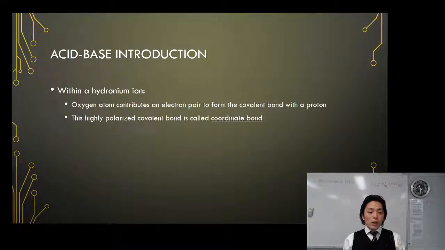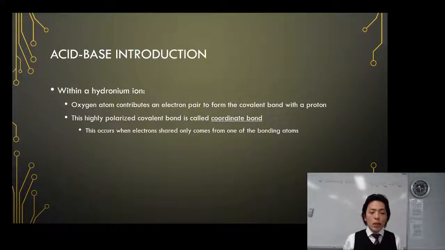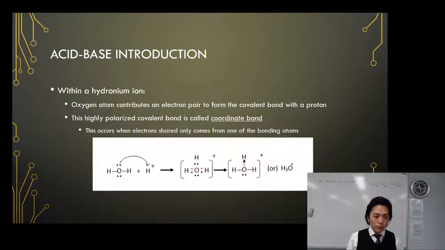This is called a coordinate bond because electrons are only shared from one side. This occurs when the shared electrons come from one side of the bonding atoms, in this case oxygen. So oxygen is the only thing donating its electrons to make a covalent bond.